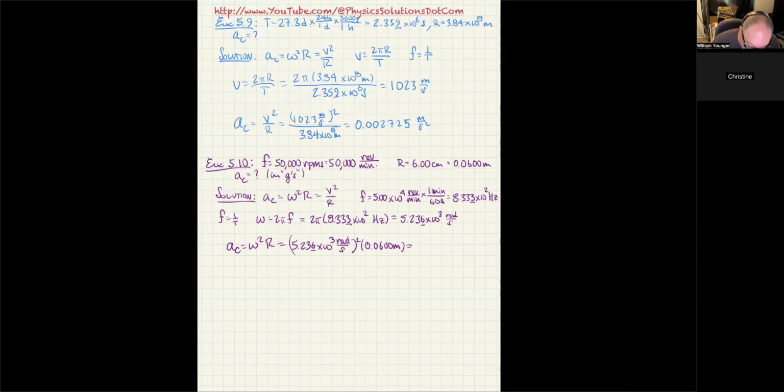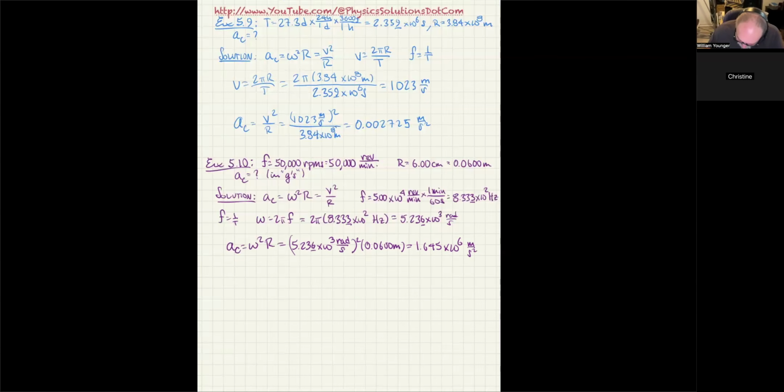Now when I multiply that, I get 1.645 times 10 to the sixth, and that's in meters per second squared, because remember, we squared the radians per second. The radians we can just erase. That means we get per second squared as the units, but then we multiply that by meters, so we get meters per second squared.